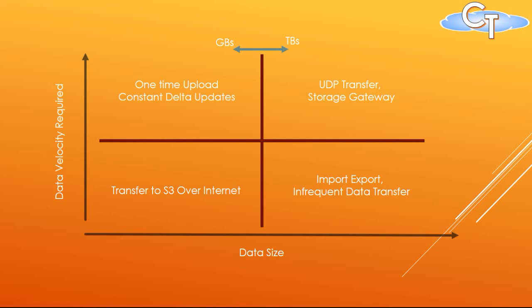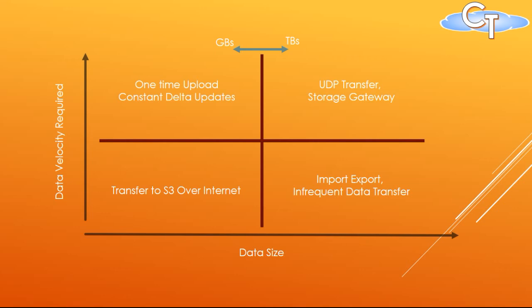As the data size is large and still changes, the customer can look at constant infrequent data transfers to the S3 location also. There are many other services available with S3 which can be used to transfer the data.